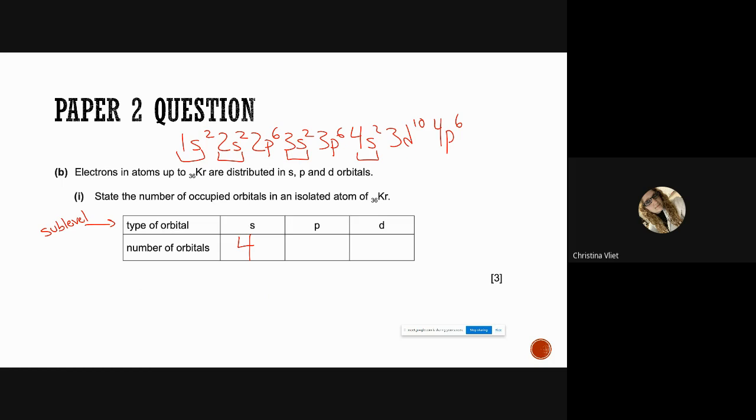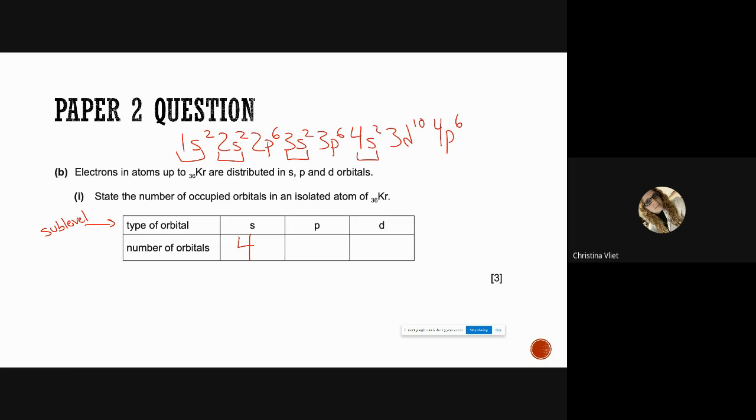Does that make sense so far? How many p orbitals have electrons? Go ahead. 9. What's the correct answer? How did that come about? The 2p6 is a sublevel.